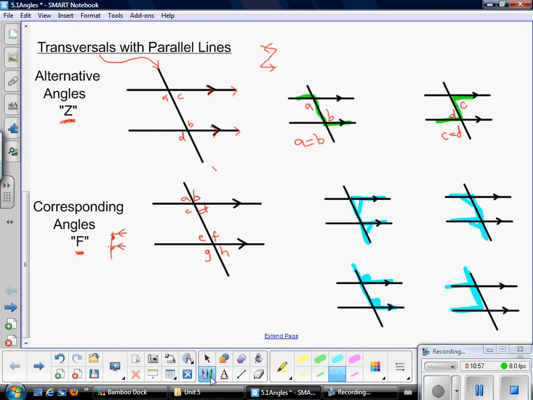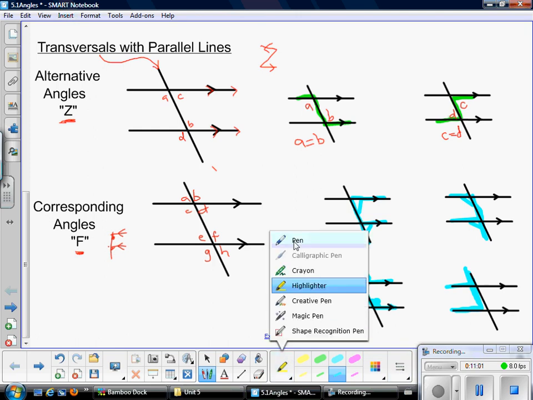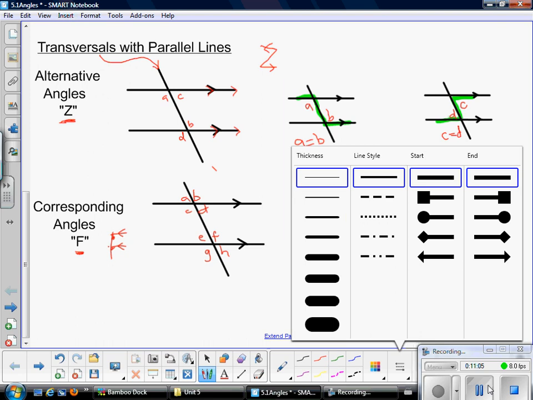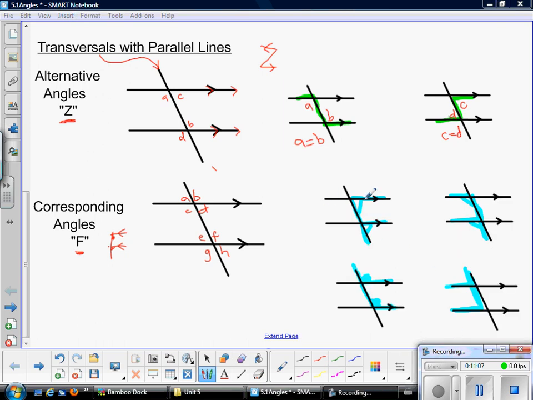So what we end up having, again, is we'll bring back our pen. We'll do green. In this case, this was D and H, so D equals H. This one here is C and G, and they are equal to each other.